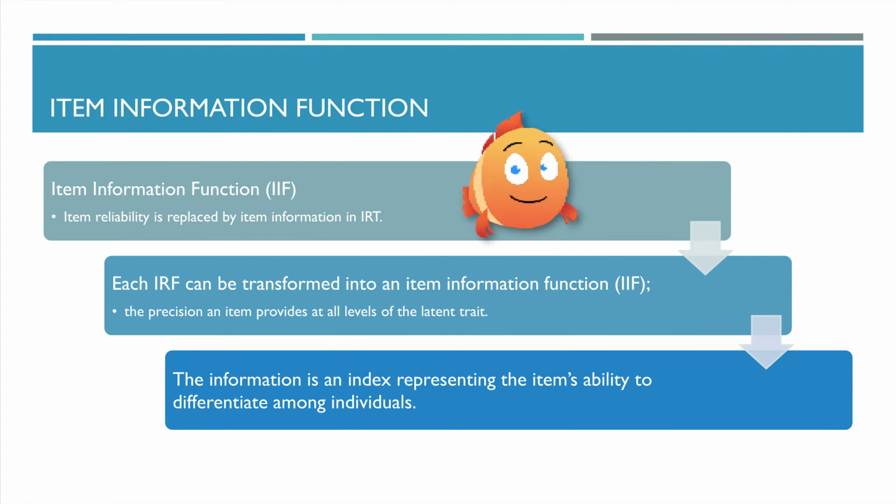Each item response function can be transformed into an item information function. This tells us a lot. It tells us the precision an item provides at all levels of the latent trait. This information is an index. It represents the item's ability to differentiate among individuals.